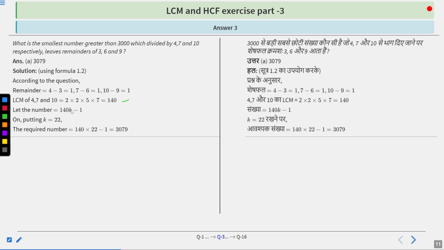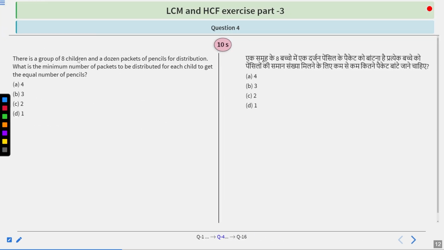Now k should be the value so that after putting it, we get a number greater than 3000. When we put k equal to 22, we get 3079, that is greater than 3000. So option A, 3079, is the correct answer.